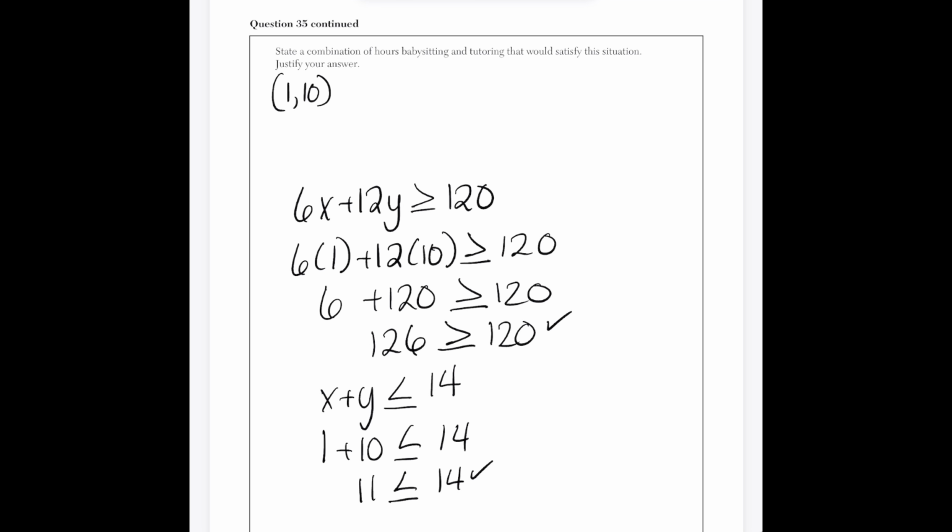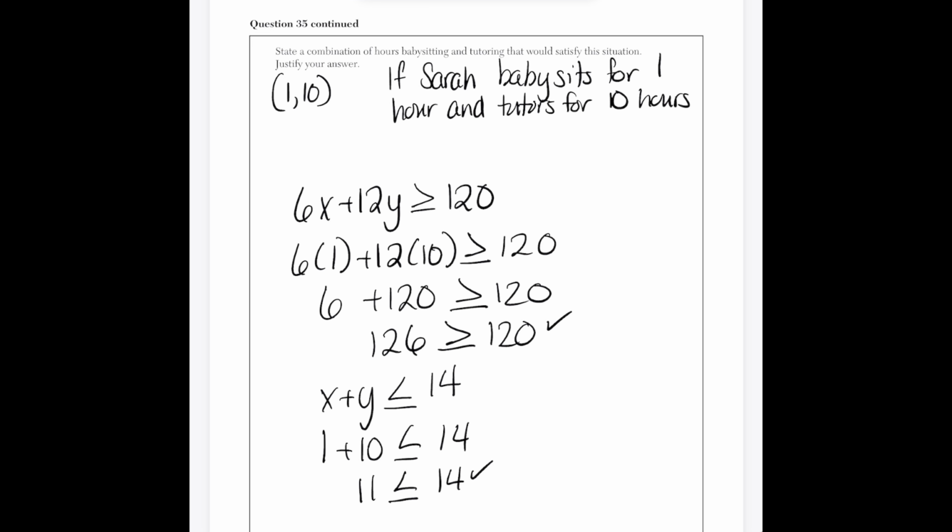So if Sarah babysits for 1 hour and tutors for 10 hours, she will meet both conditions.